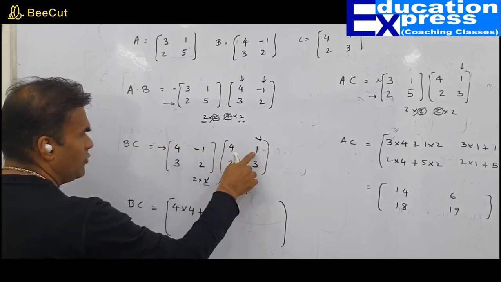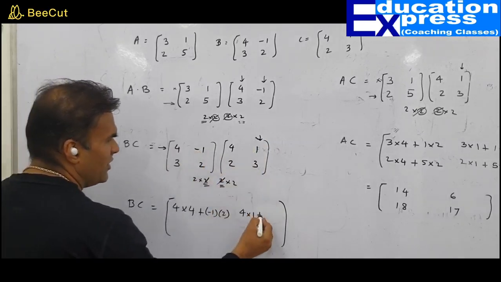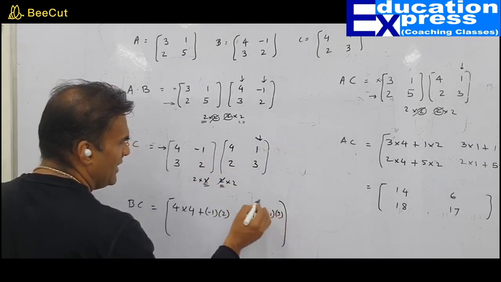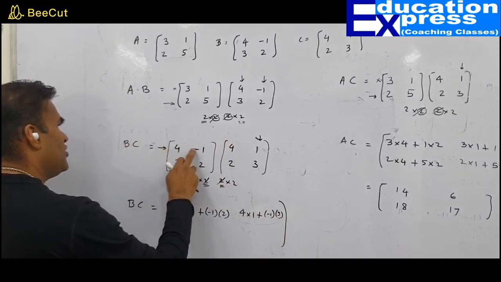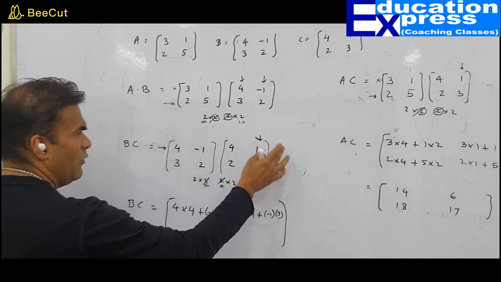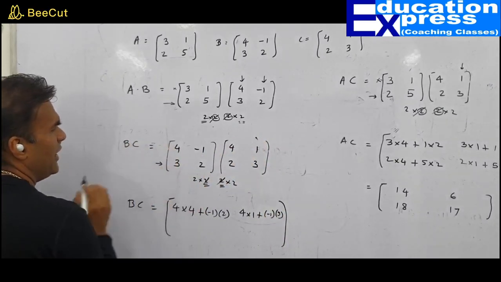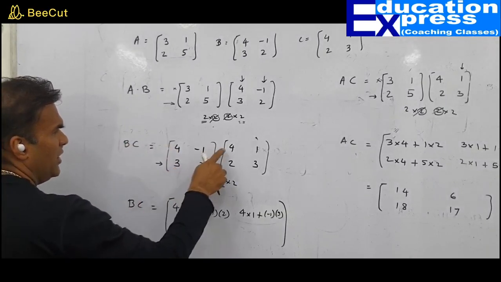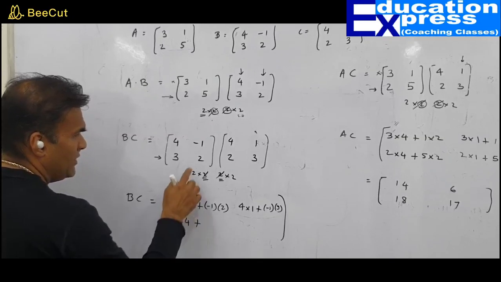So 4 into 1 plus minus 1 into 3. This row got an opportunity with this. There are no further columns, so this row has to expire forever. Shift to the next row. 3 into 4 plus 2 into 2.